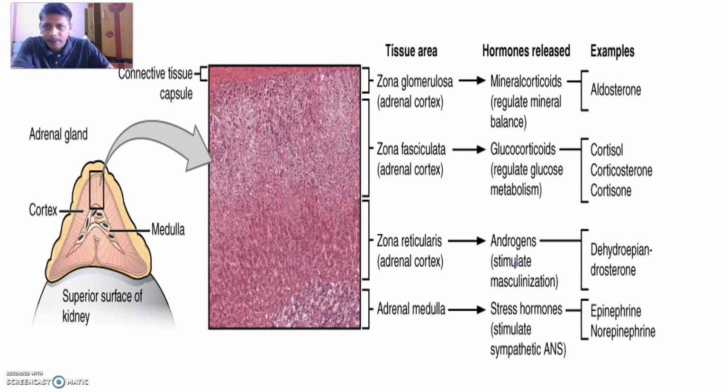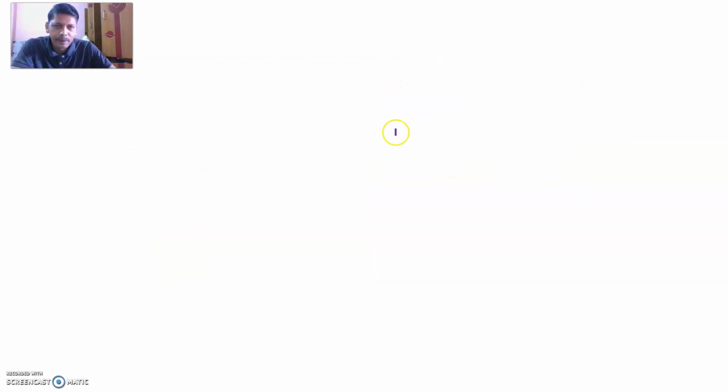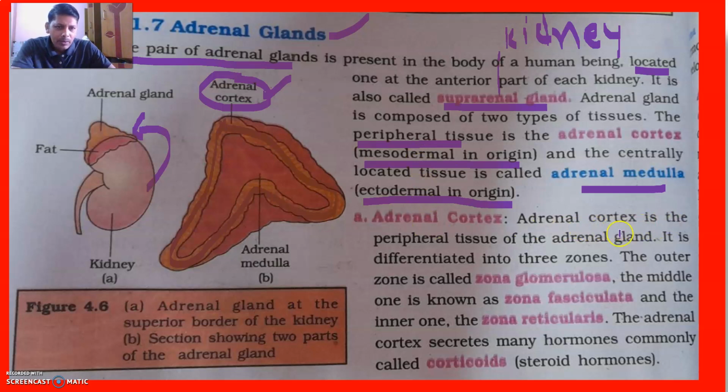I will show you here: in this adrenal cortex part, there are three zones, three regions.